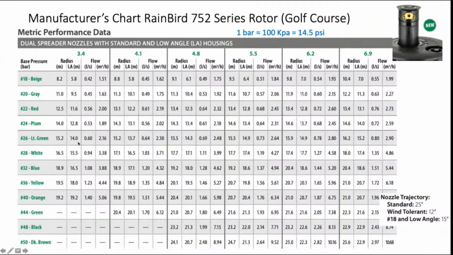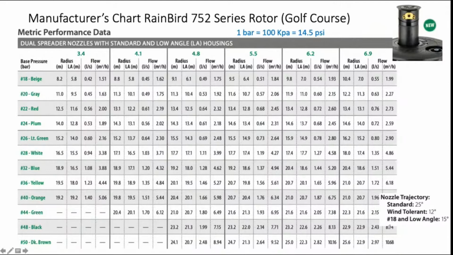Okay. So here's another example of a nozzle, and here they have LA here, where my arrow is, means low angle. So another configuration, or another category of how we characterize a nozzle could be the angle of the stream.